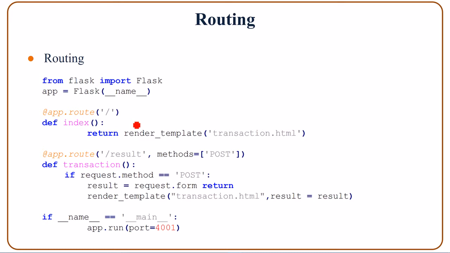Now talk about routing. After importing Flask, you would create an instance of the Flask class, and let's give it a name, app. Later on, you can see there are two routes in this example.